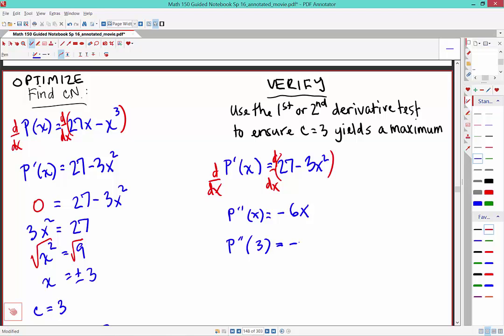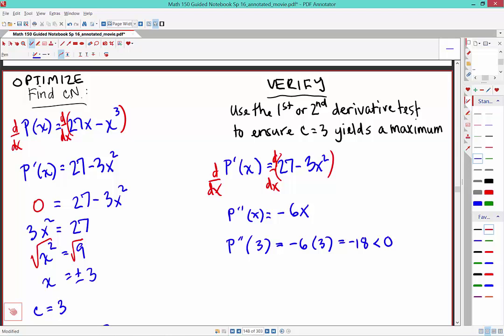And so we will have a negative value, and a negative value means that at your critical number from the first derivative, your function is curving downward.